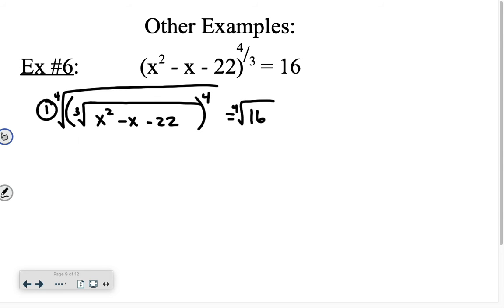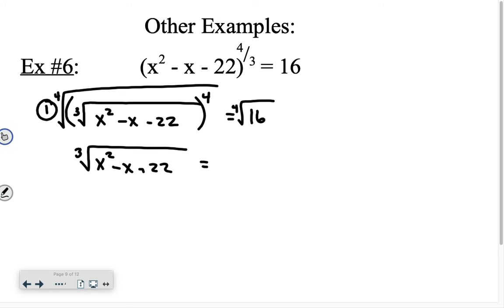Take the 4th root. On the left-hand side, that'll cancel out your 4th power, leaving you with this stuff. On the right-hand side, what's the 4th root of 16? 2. Remember what I'm asking? What that really means is what raised to the 4th power gives you 16. Okay?